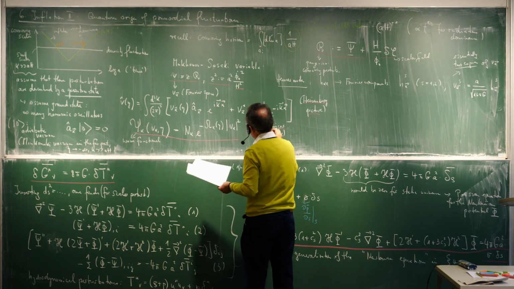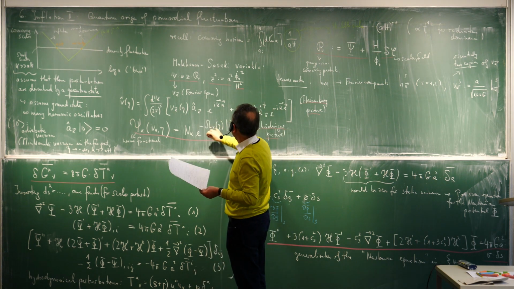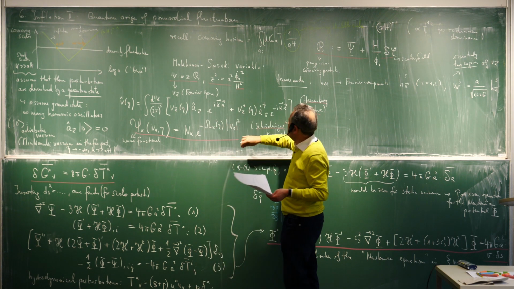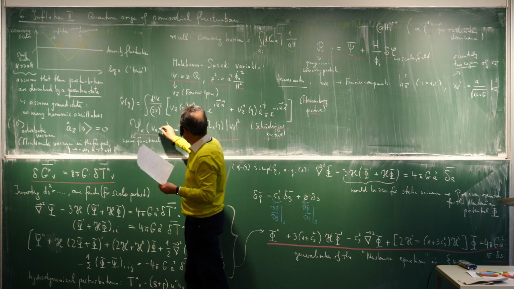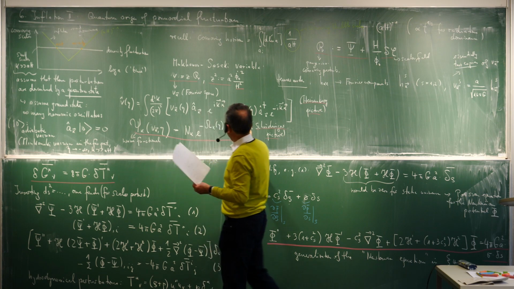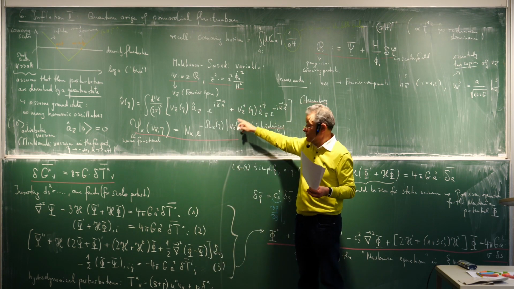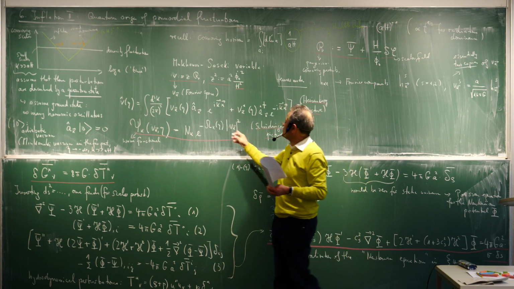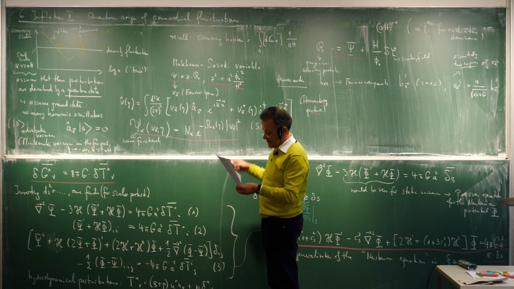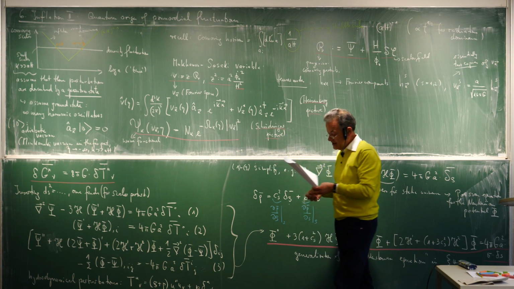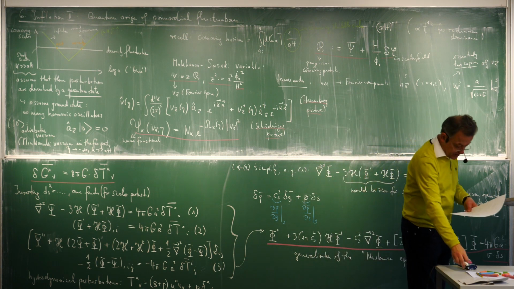For one oscillator you have this 1/2, and omega is the frequency. But here the v_k are actually complex, so you have the real and imaginary part. This is why I have written also the absolute value: you have the real part squared plus the imaginary part squared. But essentially this is the ground state of the harmonic oscillator.